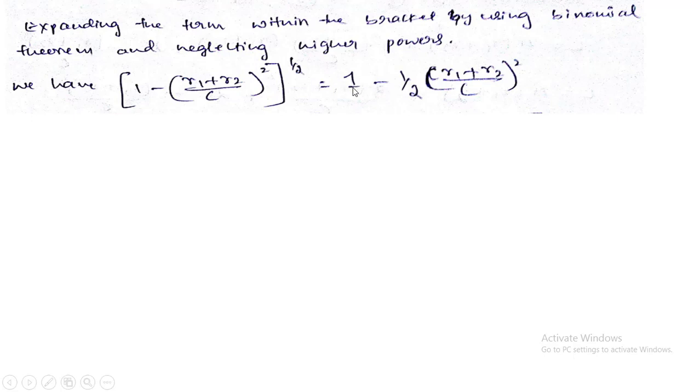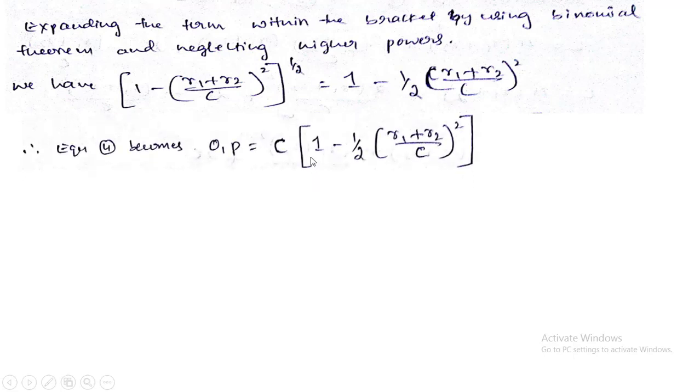I will write that as 1 minus 1 by 2 into (R1 plus R2 by C) whole square. I will substitute this in place of the term in the bracket. So equation 4 will become C into (1 minus 1 by 2 into (R1 plus R2 by C) whole square). So I think you got that.